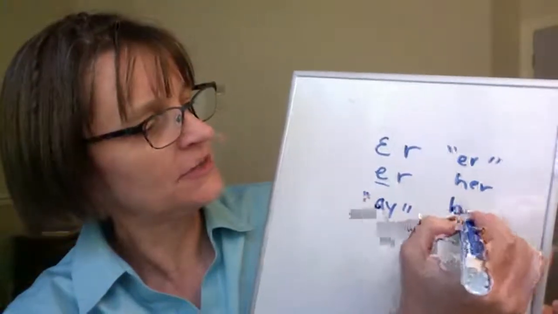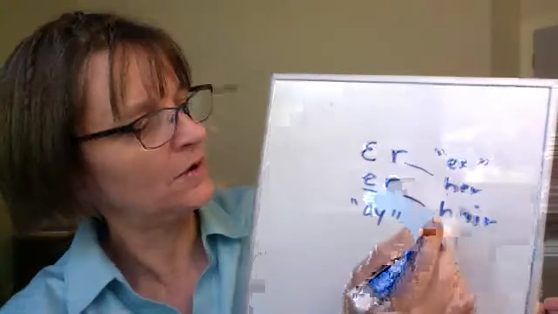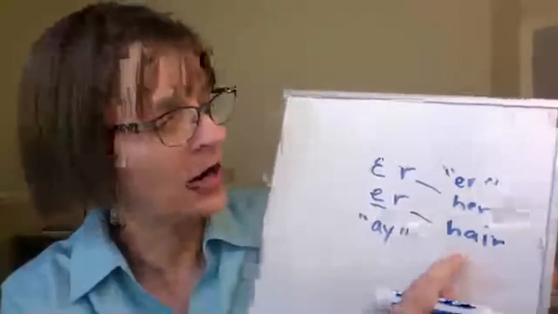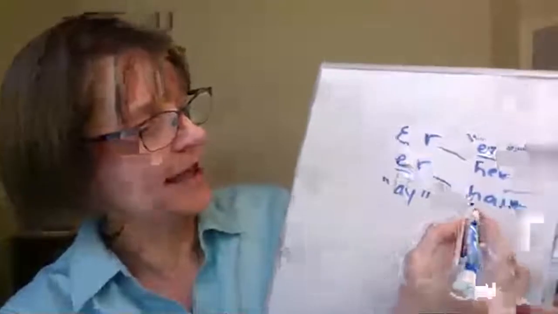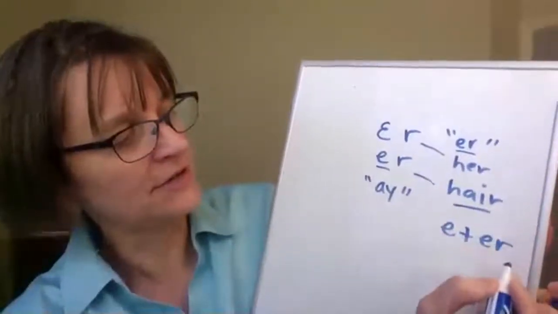So the difference here would be for her and hair, and they really are quite different because for her, I just have this one sound, and for hair, I have the A plus the R sound.